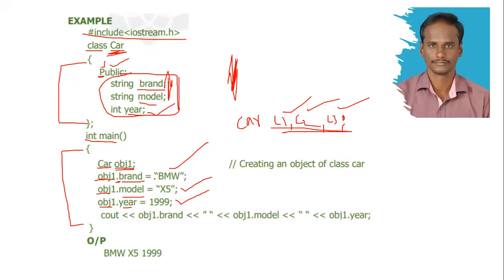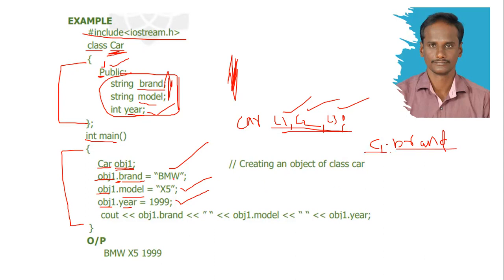Okay, so after creating the object, if you want to access a data member or class member, you should use the object name. For example, C1 dot member name. What is the member? Brand, model, and so on, whatever you want. So the general syntax for accessing class members or data members is object name dot member name.